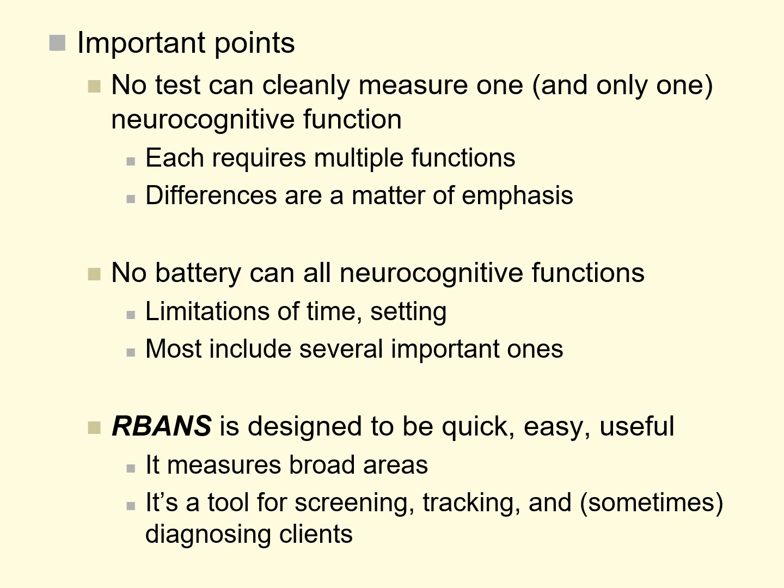Some important points here. No test can cleanly measure one and only one neurocognitive function. Each subtest and each index that is based on two subtests requires multiple functions, and the differences are probably more a matter of emphasis than absolute distinction.